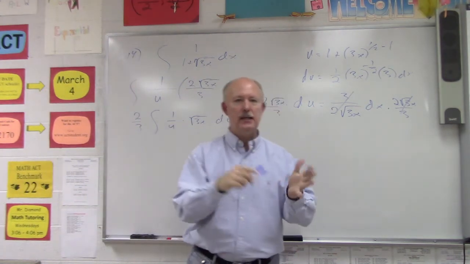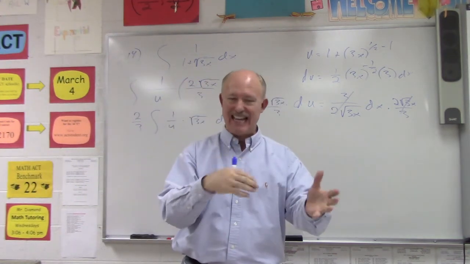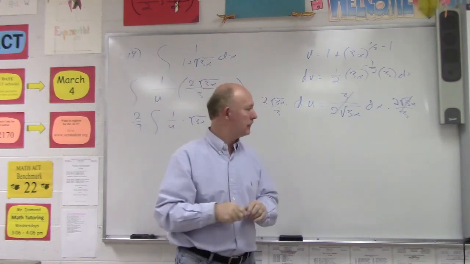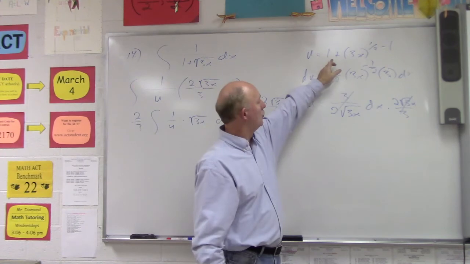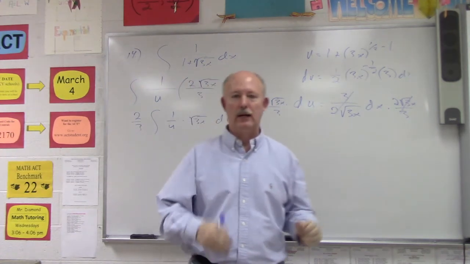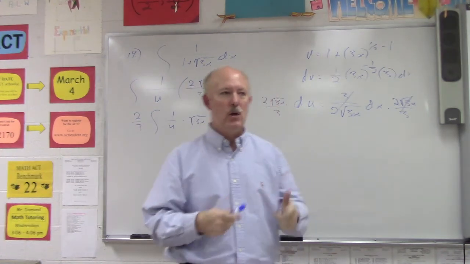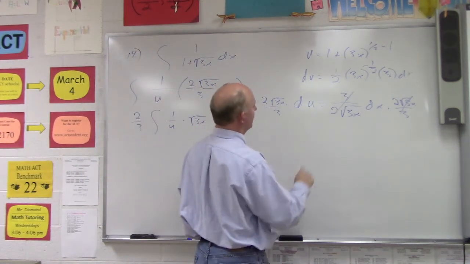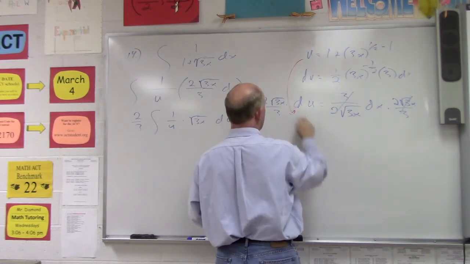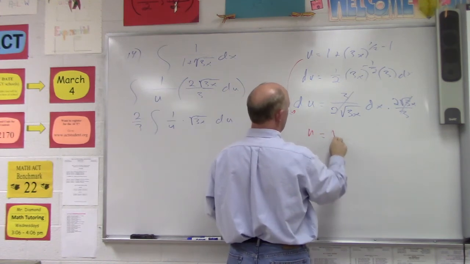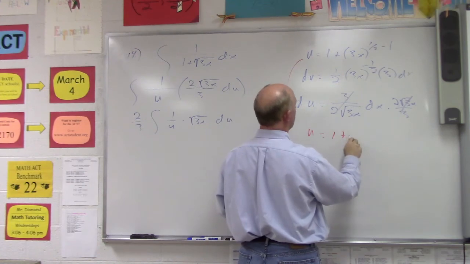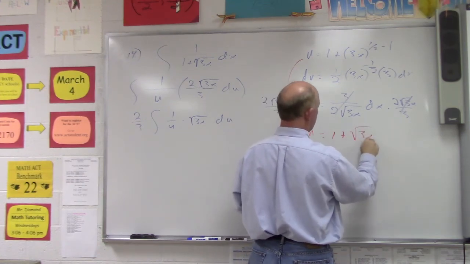Anytime you've got an extra variable like this that you can't get to cancel out, always go back up to the original substitution, because a lot of times the original substitution can eliminate this extra x. So let's pull this down front. This is u equals 1 plus the square root of 3x.